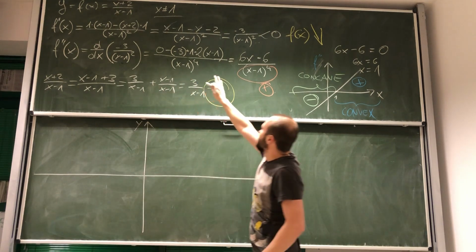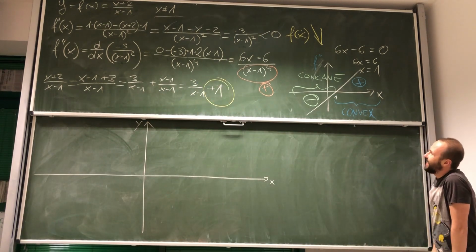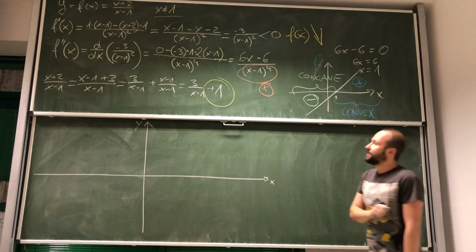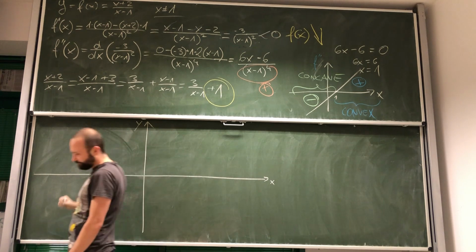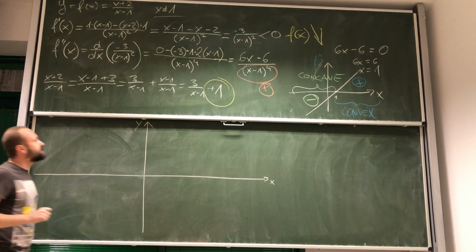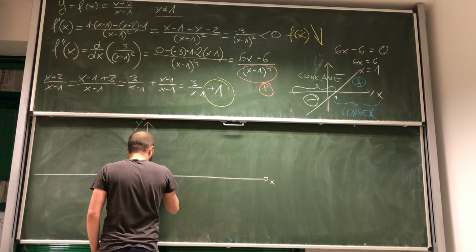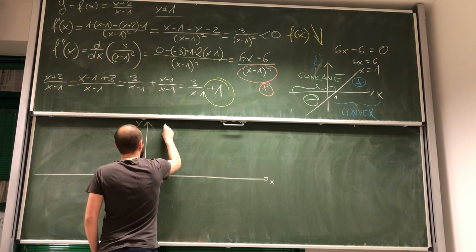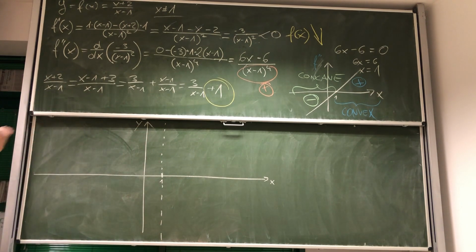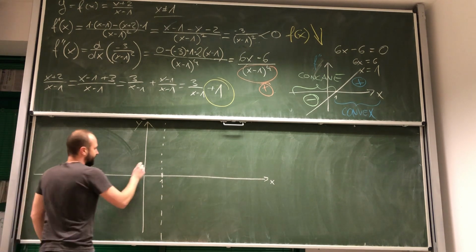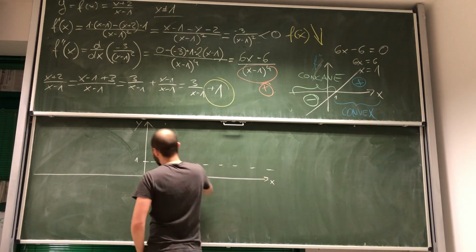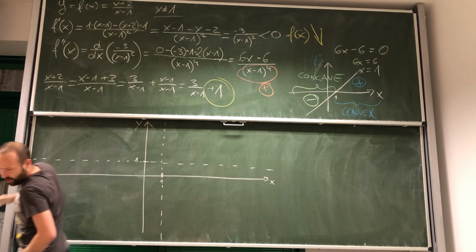Now, first we notice that of course we cannot calculate the value at x equal to 1, but our experience with the reciprocal function tells us that this means that at x equal to 1, there's going to be an asymptote. And also, we've established that we will have another one at 1, but this time on y. So these two asymptotes will help us draw this function.